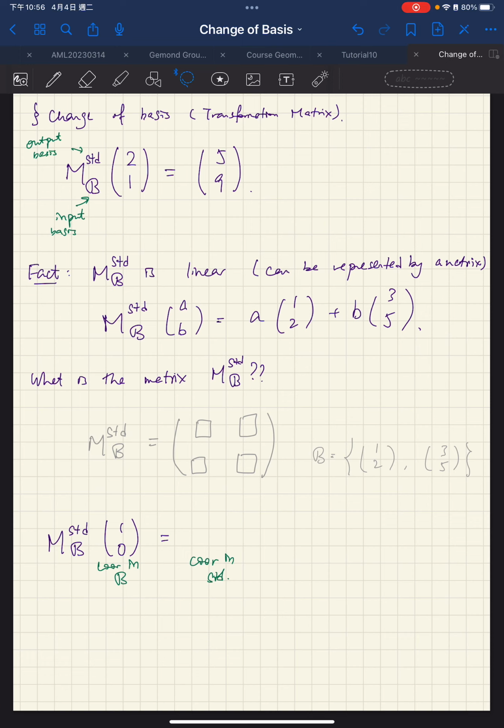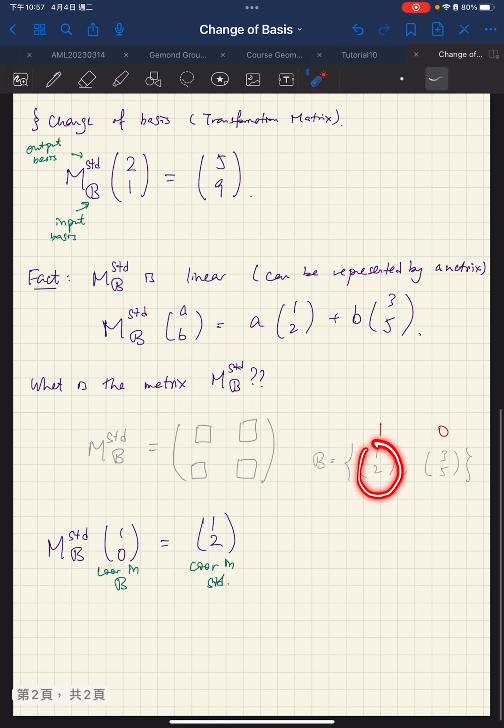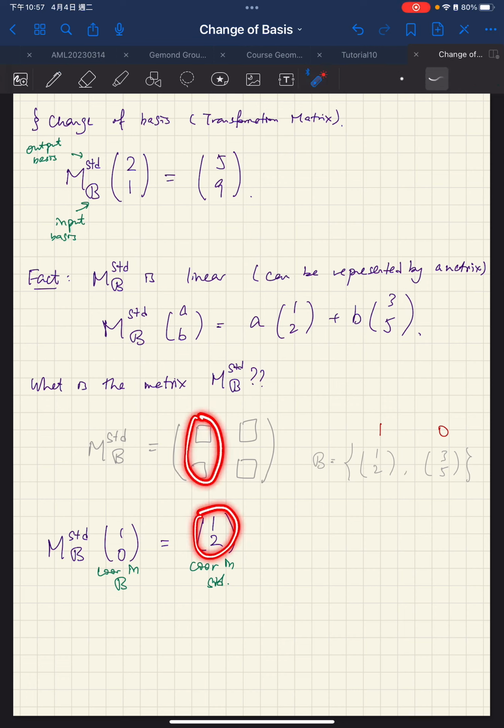So this is the basis. And now the coordinate in B is 1, 0. What does it mean? It means that it has 1 copy of this and 0 copy of this, right? And hence, the output is just 1, 2, because in standard coordinates it is 1, 2. Easy, right? Easy. So this 1, 2 will actually give you this 1, 2.